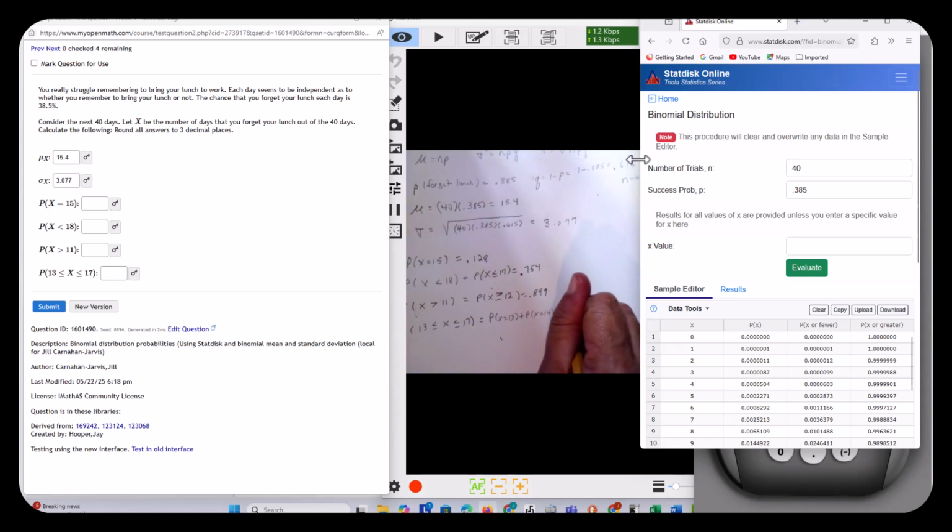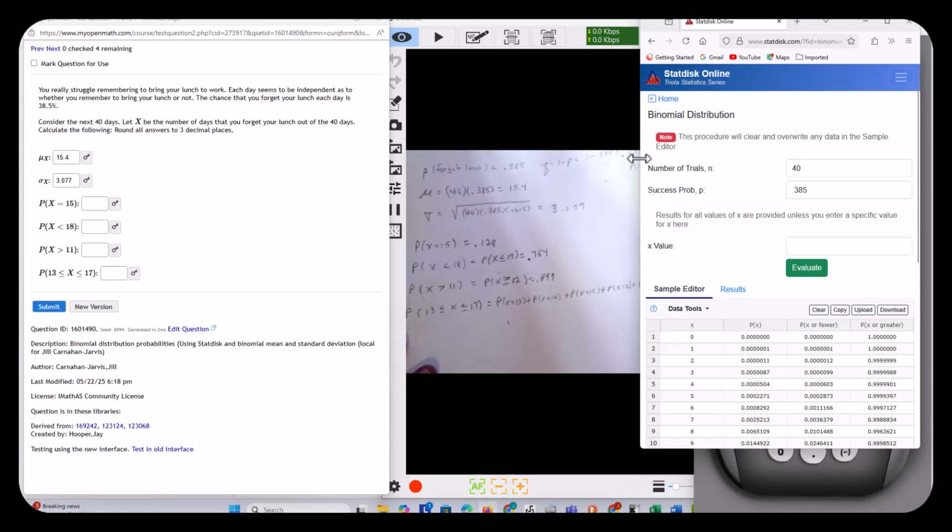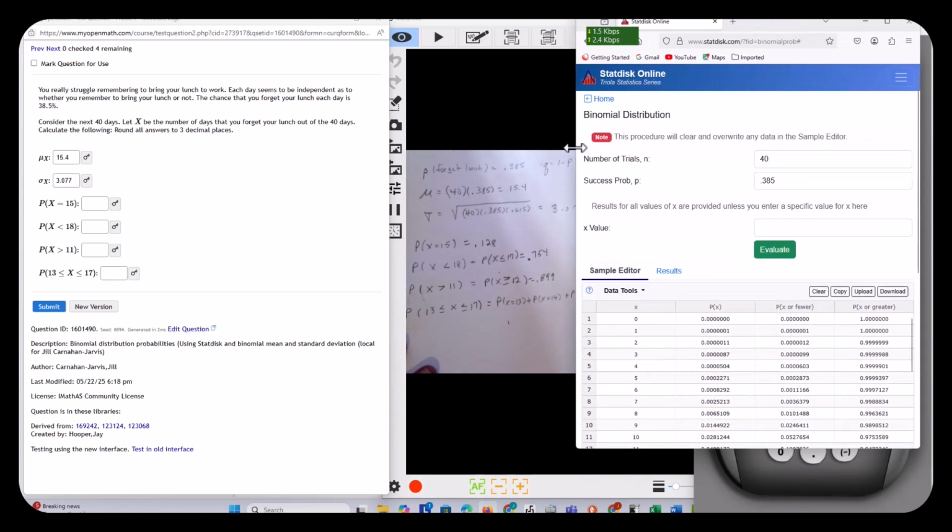Plus the probability x equals 15. X equals 16. And we're just going to have to add those up. Okay, so we've got 1, 2, 3, 4, 5. Let's come back over here a little bit and I'll start writing these down.